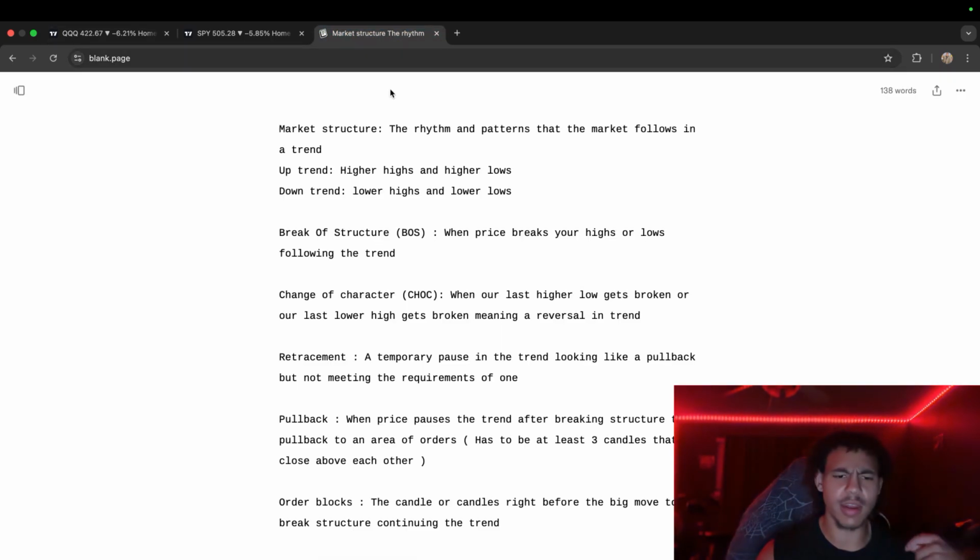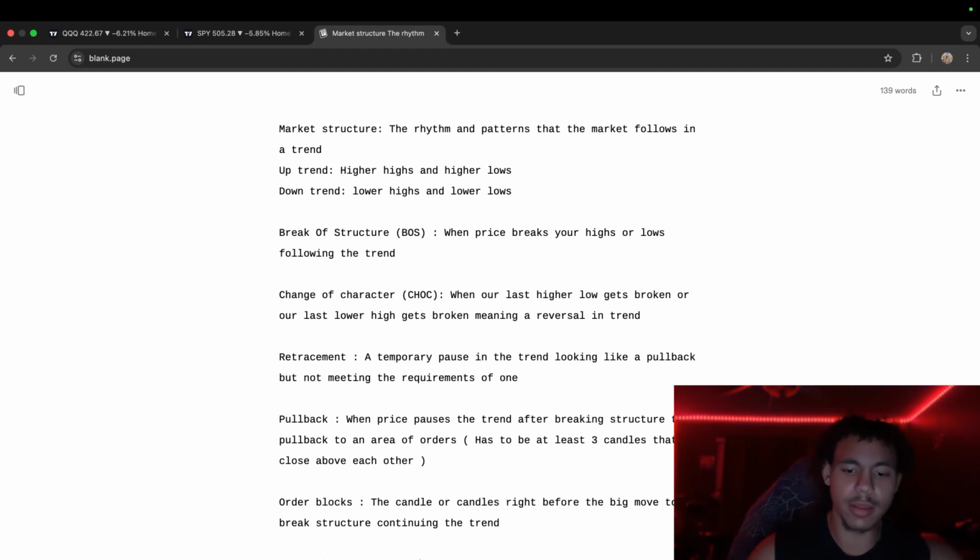And that is where we can kind of skip forward. An area of orders is where our order blocks are, because our order blocks are the candle or candles right before the big move to break structure, continuing the trend, right? A fair value gap are the big strength candles that leave a gap, meaning an imbalance of orders that usually sit above your order blocks.